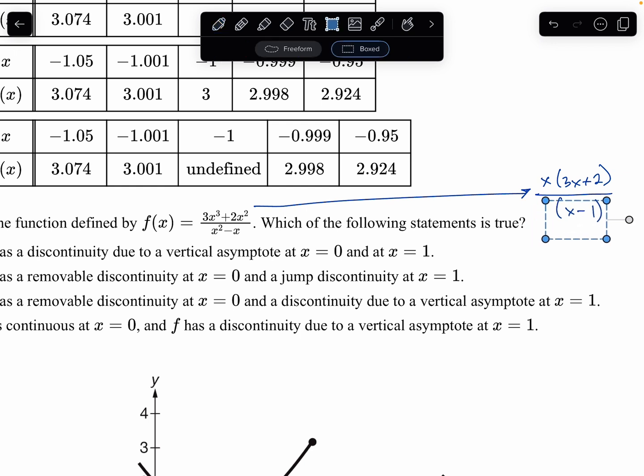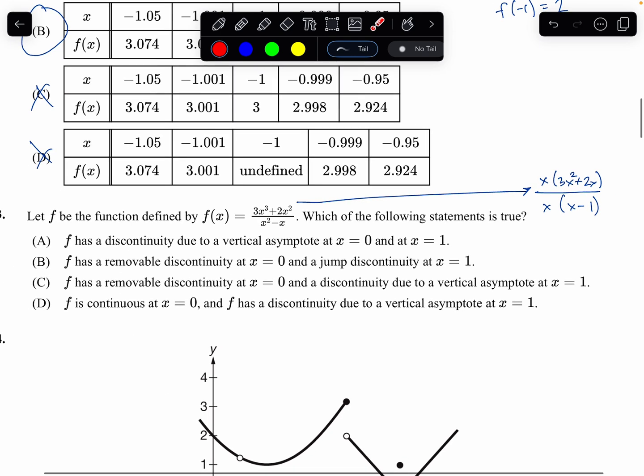So if I factor out an x, whoops, that should still have an x in it, 2x. This should be x squared. So I'm only factoring an x out, so those are going to cancel, which means if this is a common factor at x equals 0, you're going to have a removable discontinuity. So f is going to have a removable discontinuity at x equals 0.